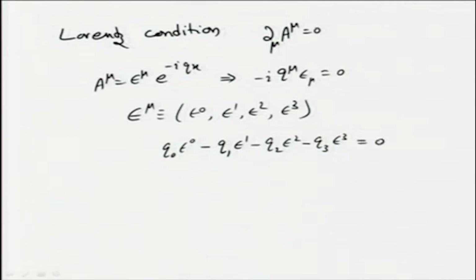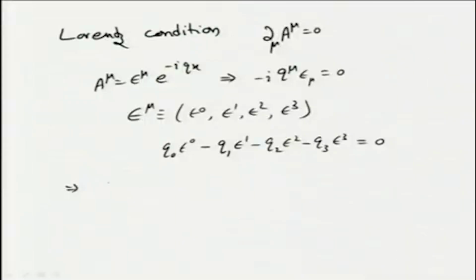So, for a fixed q, all the 4 components of epsilon are not independent of each other. There is a relation that they have to satisfy, therefore, that gives only 3 independent components. Further, we can choose lambda. Let us choose lambda equal to I A exponential minus I q dot x.